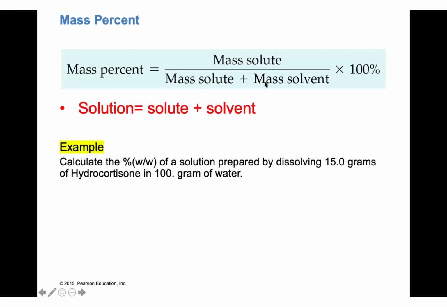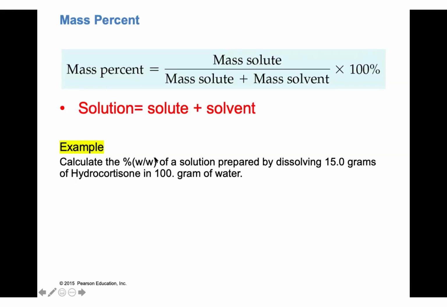I just separated the components of the solution into the solute plus solvent. If you remember, when we make an HCl solution or table salt solution, I added table salt to the water, right? So we just separated the components of the solution. Let's see how they can give the question.